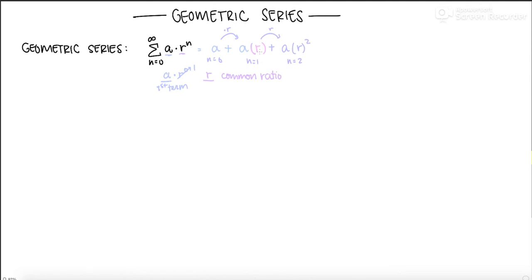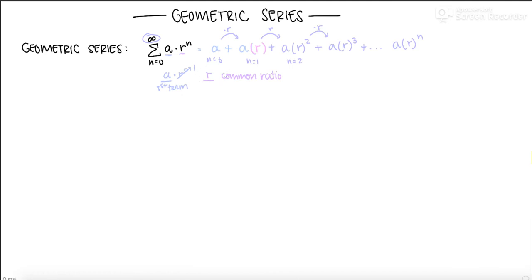So I have r here, r squared, and the next term will be, as you probably can guess, r cubed, because again I'm multiplying by r. And since our series goes on to infinity, since that upper bound is infinity, it's a times r to the n, because n can be anything from 0 to infinity. So that's how we know this is our geometric series.